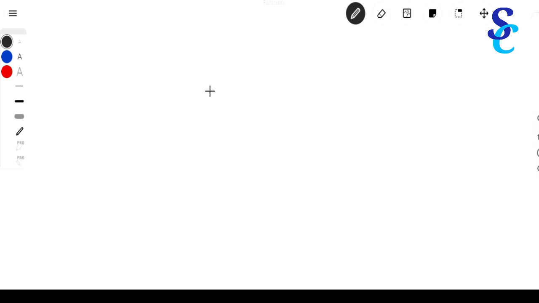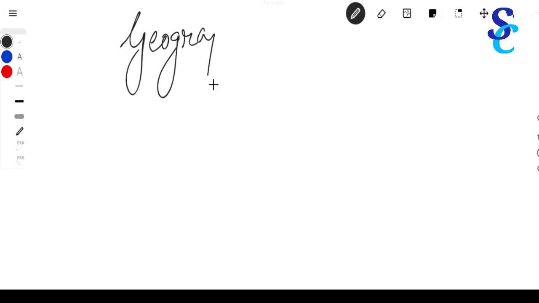Today we are going to do the chapter from the book Geography, and the chapter name is Rotation and Revolution.